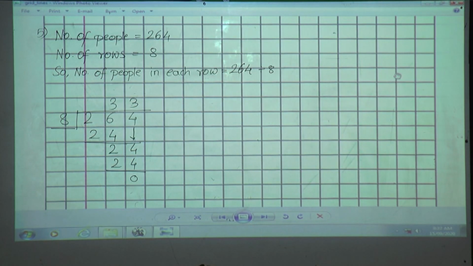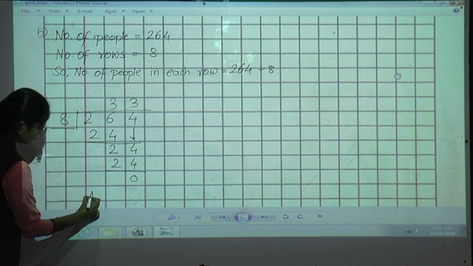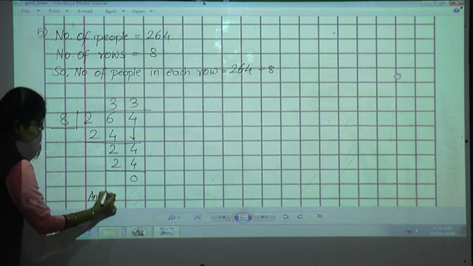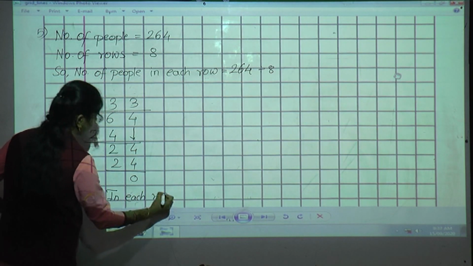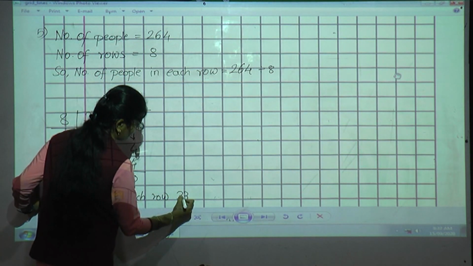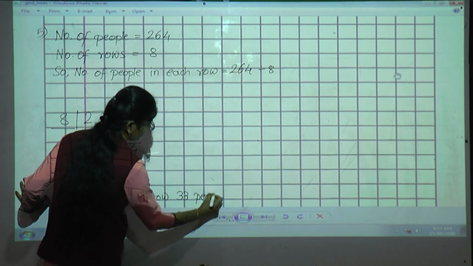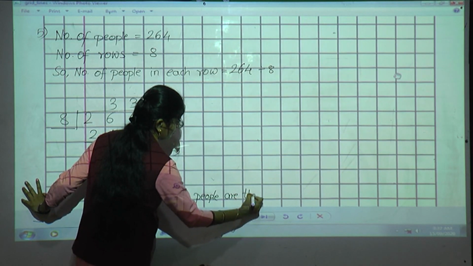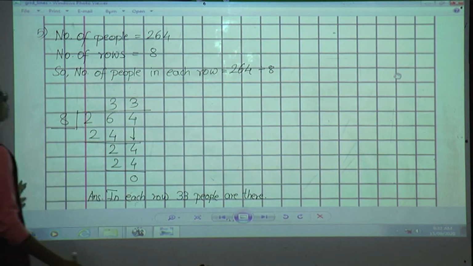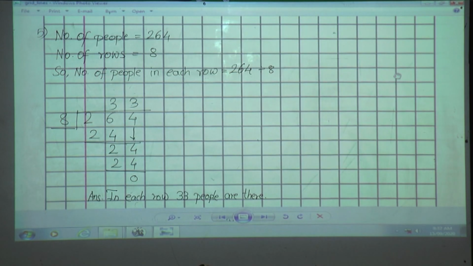Yes, so here we can write the answer. In each row 33 people are there. Yes, see, total there were 264 people, and those 264 people they have divided equally into 8 rows.